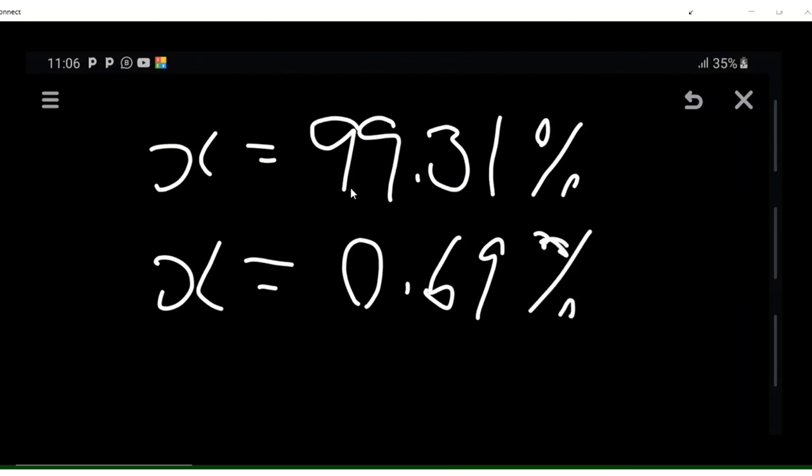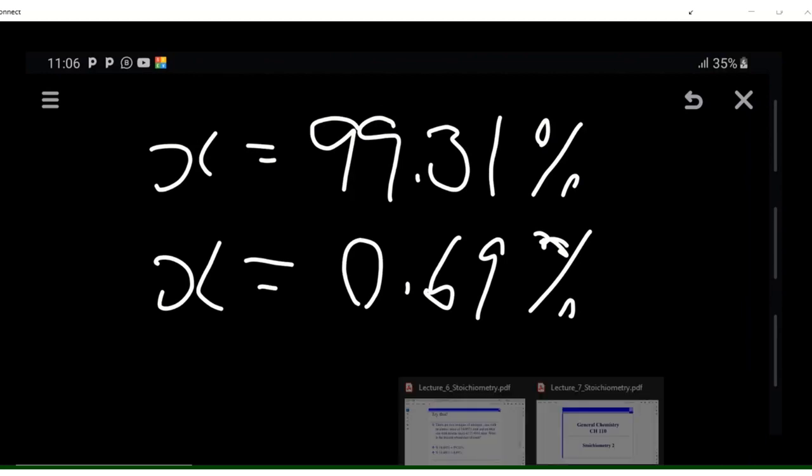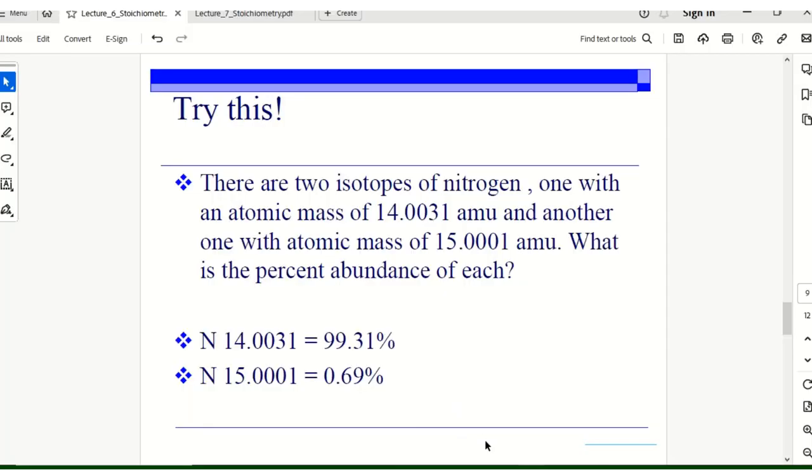So this is our percent abundance. As you can see, these are the answers.